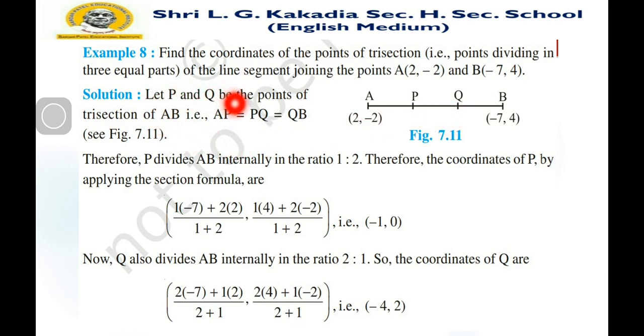Let P and Q be the points of trisection of AB, that is AP is equal to PQ is equal to QB. Therefore, P divides AB internally in the ratio 1 is to 2, because there are 3 equal parts.